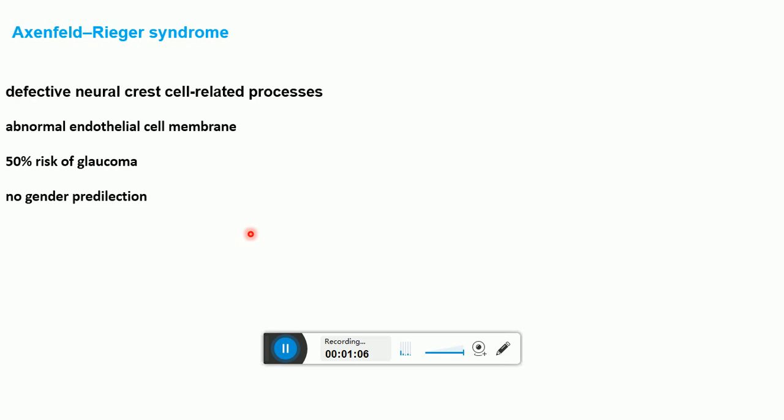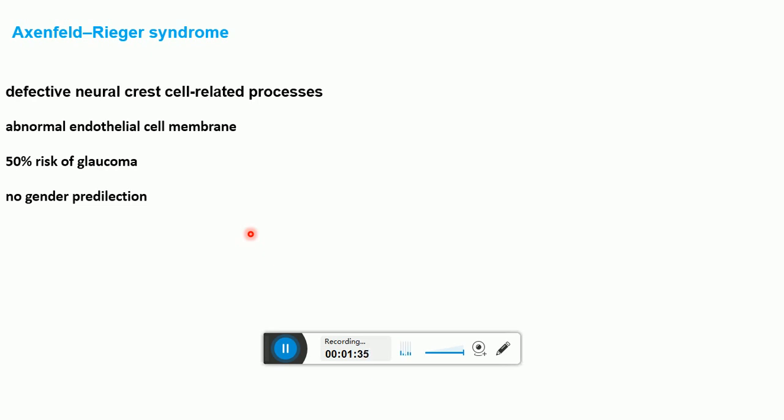Axenfeld-Rieger syndrome is the umbrella term for a spectrum of disorders featuring bilateral developmental ocular anomalies: Axenfeld anomaly, Rieger anomaly, and Rieger syndrome. These three are combinedly called Axenfeld-Rieger syndrome.